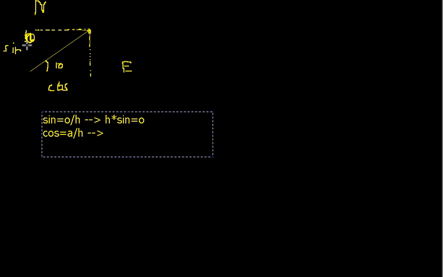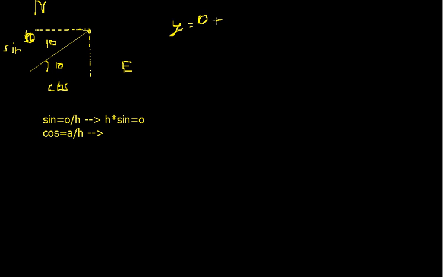So the height, or the Y value, maybe northwards, you could say that's equal to 10 sine of 10, and you just plug that into a calculator.